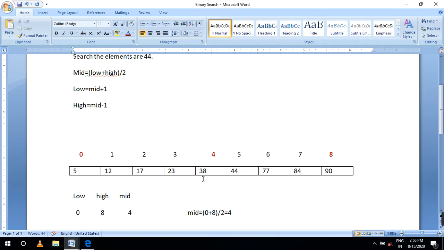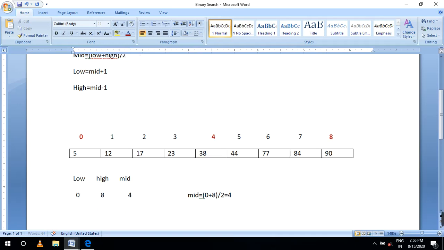You just go for the mid value. The element you have to search for is 44. I am searching for the element 44. Now the mid value is 38, which is less than 44. So we have to calculate once again in between.